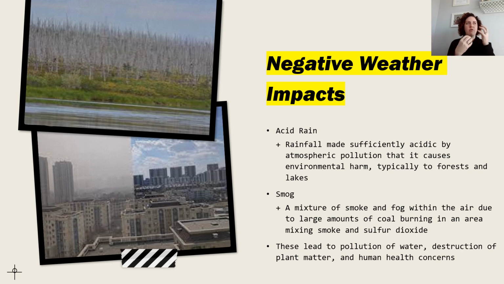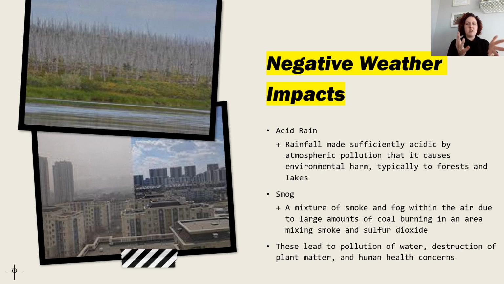Typically, you see it with forests and lakes. The top picture is of a forest that experienced acid rain. As you can see, all the leaves on the trees are gone, and the bark itself is burnt. If that sort of water were to run off or be added into a lake, you then have negative effects on the organisms that live within there. If it did this to a forest like this, goodness only knows how a lake could actually look.